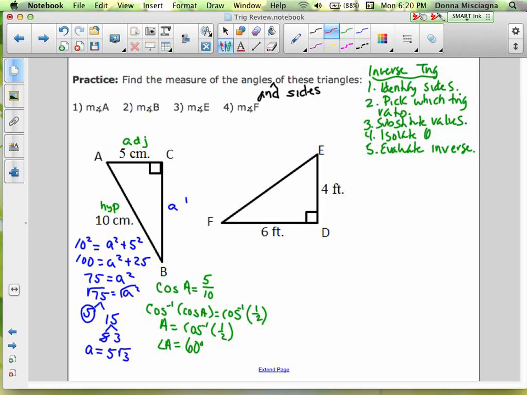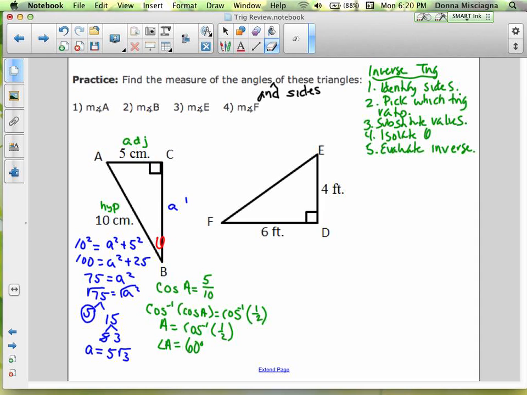Let's solve for the other angle. Now, we could easily use triangle sum theorem to find it, but let's just get a little practice in and use a trig ratio on this one as well. We're just going to use trig ratios on both angles in both of these problems. So I guess I'll solve up here. Let's identify what trig ratio we have. We're looking here from angle B's perspective.